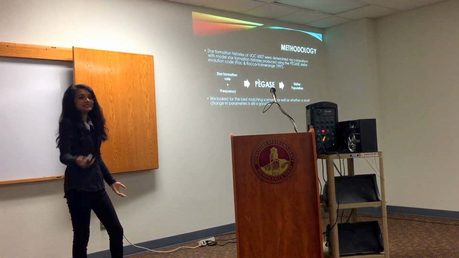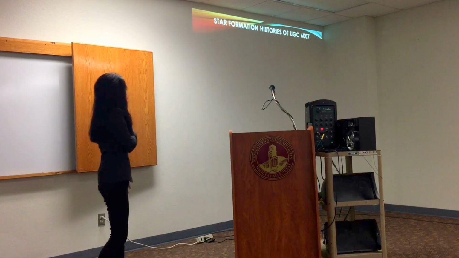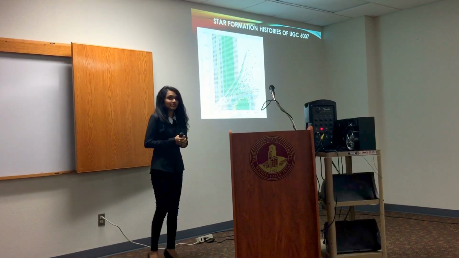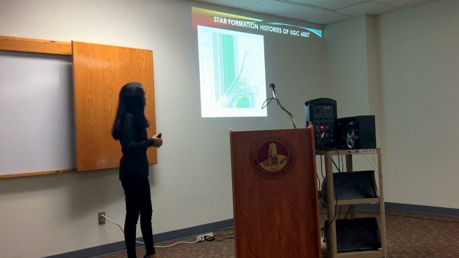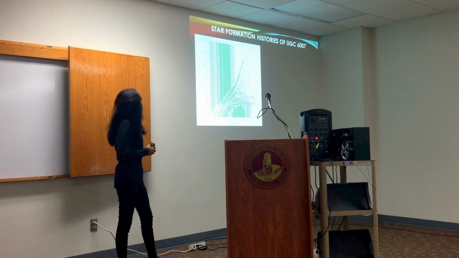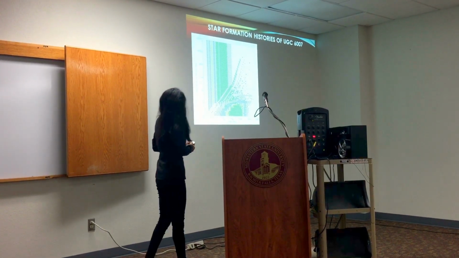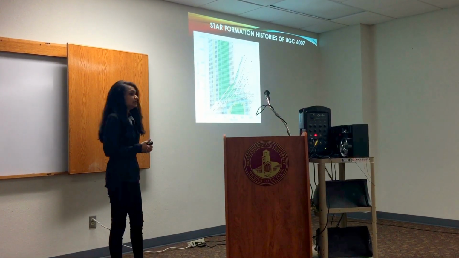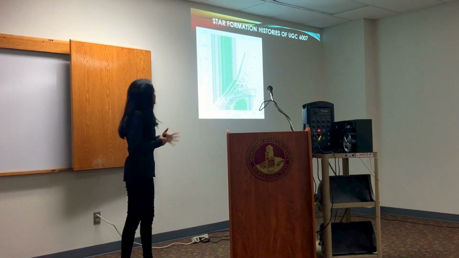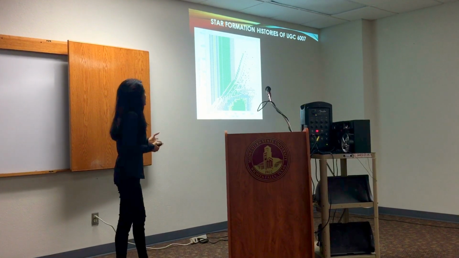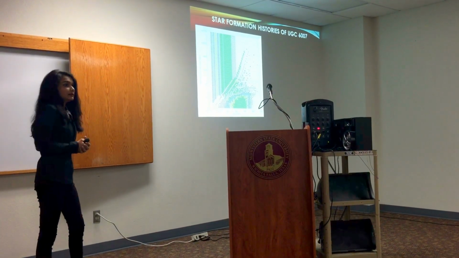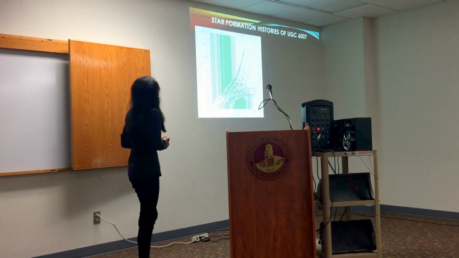So let's look at the results. In this plot, you see the star formation history of UGC 6007, which is a dwarf spiral. In the y-axis, you see the periodicity of bursts in mega years, and in the x-axis, you see the time. This plot shows you how stars have evolved in this galaxy.